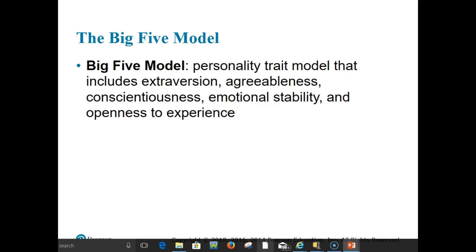In recent years, research has shown that 5 basic personality dimensions underlie all others and encompass most of the significant variation in human personality. The 5 personality traits in the Big 5 model are extroversion, which is the degree to which someone is social, talkative, assertive, and comfortable in relationships with others.